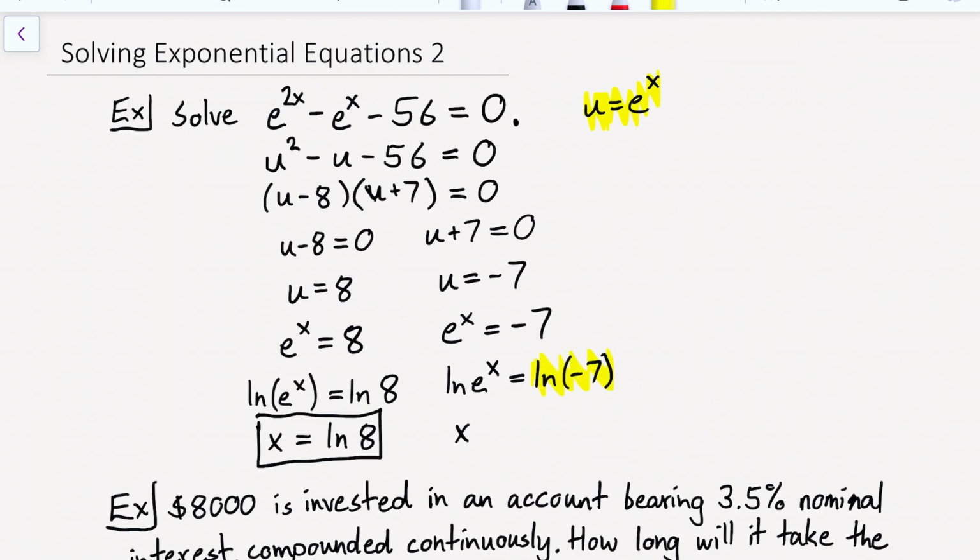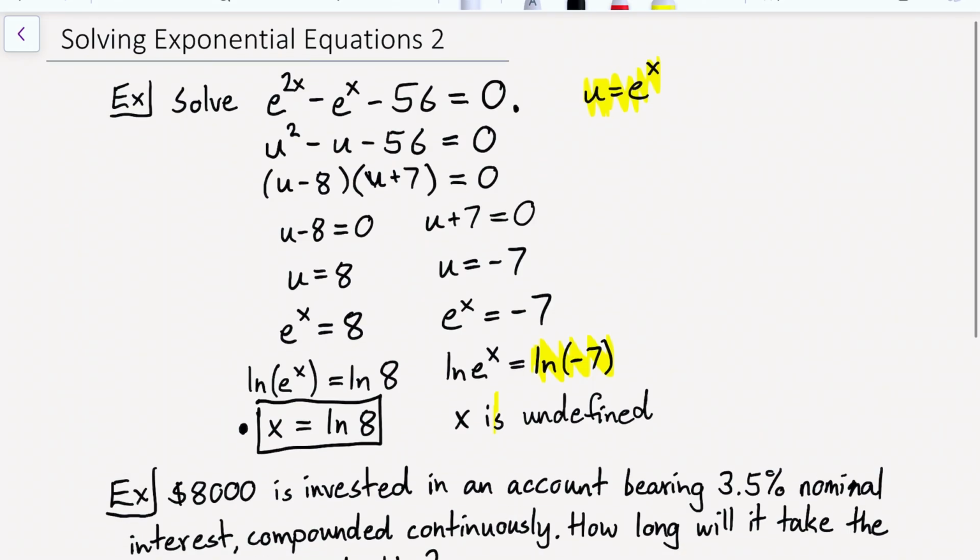If you think about the properties of a logarithm, the log of a non-positive number is undefined. So there is no solution here to this equation. x is undefined. That means we're left with one final solution to our equation, x equals the natural log of 8.